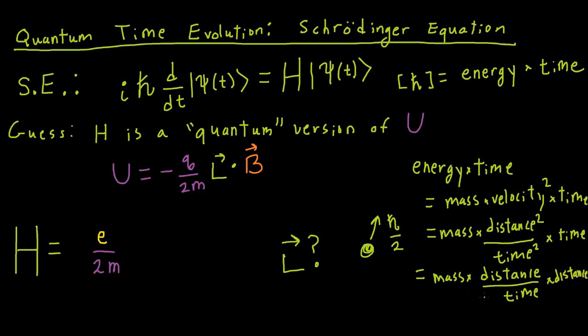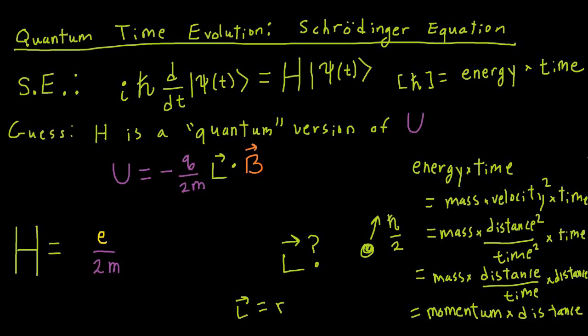And then note that mass times distance over time, those are the units of momentum, right? Mass times velocity. So this has the units of momentum times distance. And then from the classical equation, L equals position cross momentum, you can see that the units of angular momentum are just momentum times distance, which, as we can see, are the same as energy times time.